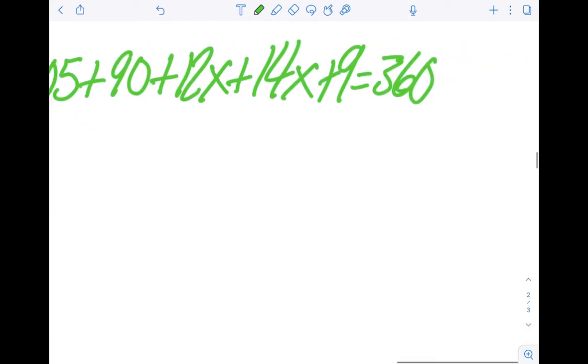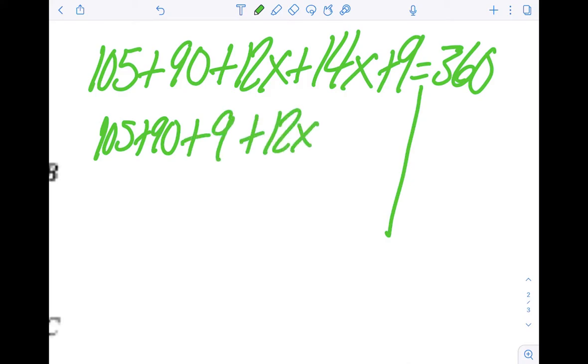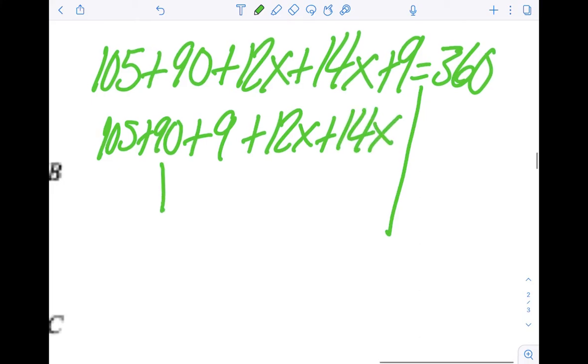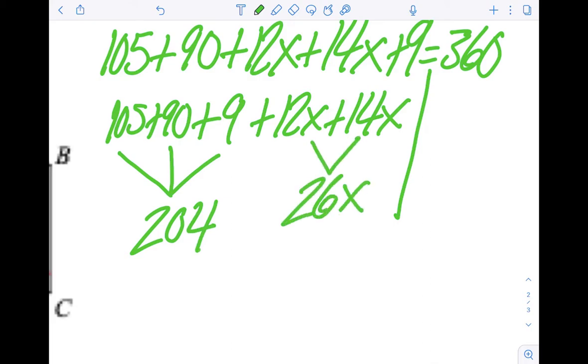So again, I'm going to put all my numbers together: 105 plus 90 plus 9. And I'm going to put my variables together, 12x and 14x. So 105 plus 90 is 195, and 195 plus 9 is 204. 12x and 14x give me 26x.